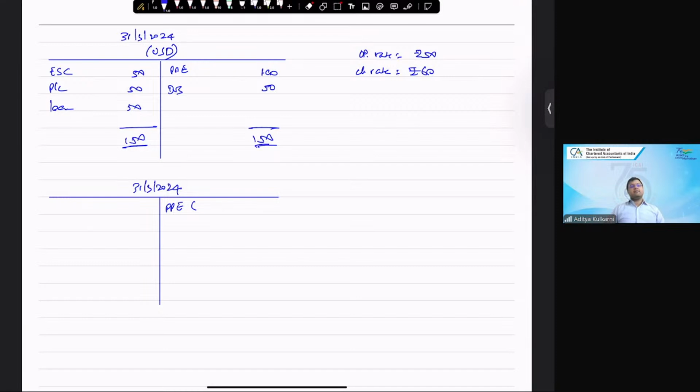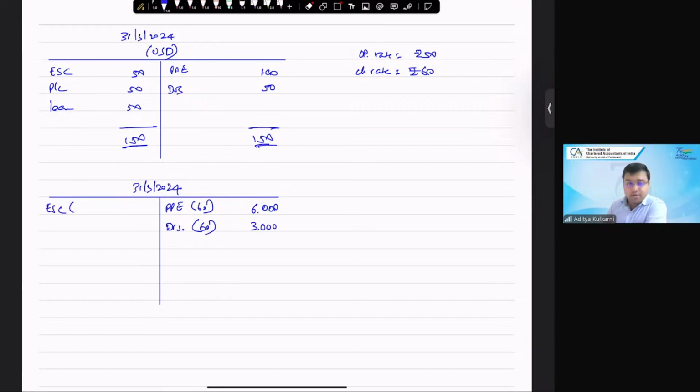What rate will I take? Property, plant, equipment. 50 or closing rate? Closing rate, sir. Closing rate of 60. So this comes to 6,000. Debtors, opening or closing? Closing. So 60 into 50, 3,000.